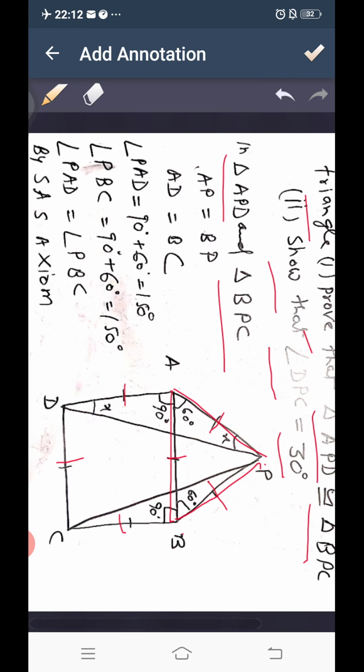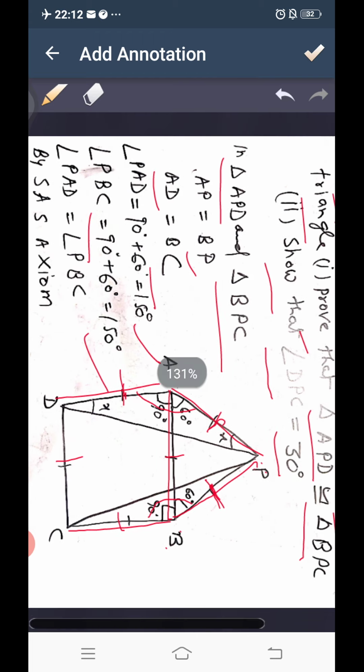So in these two triangles, we can see that AP is equal to BP, and AD equals BC. Then angle PAD, this angle, is 60 plus 90, that is 150, and angle PBC is also 60 plus 90, that is 150 degrees.